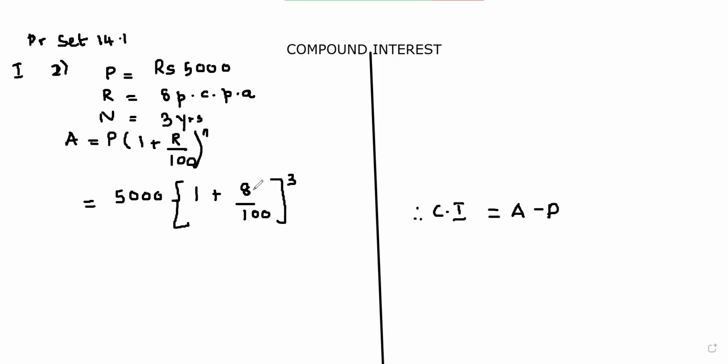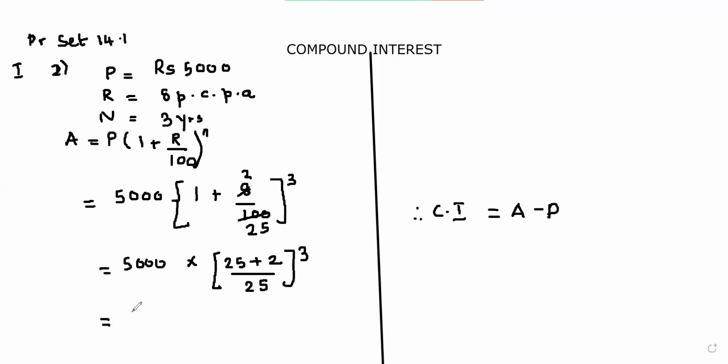Now, when we cancel it, we can cancel 4 2s are 8, 4 25s are 100. So this is equal to 5,000 multiplied by (25 plus 2) upon 25, raised to 3.